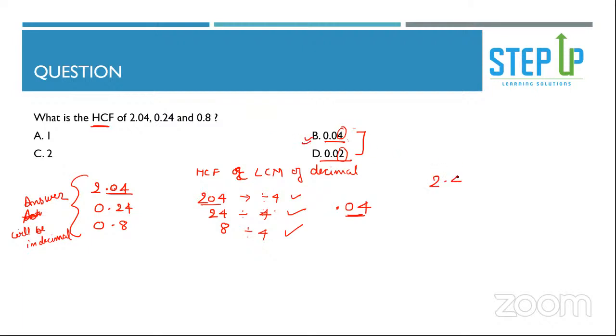Had it been given 2.4 or 0.2, okay, let me take 0.4 here, and 0.8. In that case, the options are 1, 2, 0.4 and 0.2.